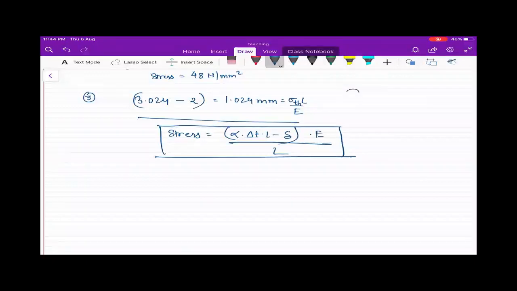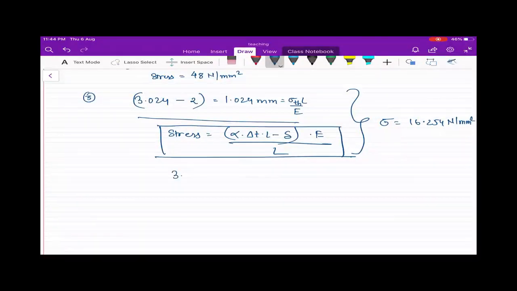By both the ways, your answer will be the same, and the stress will be equal to 16.254 Newton per mm square.